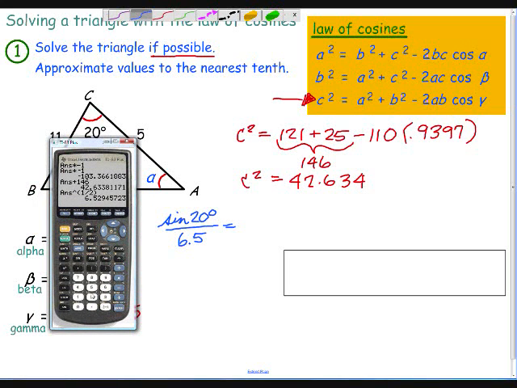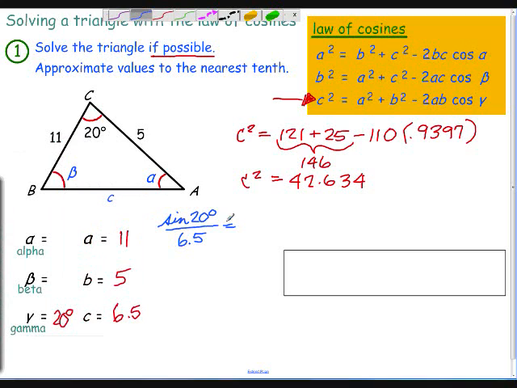Okay, so I'm going to say sine 20 divided by 6.5. This is the ratio for law of sines, 0.05262, and I can use that now to find alpha and to find beta.